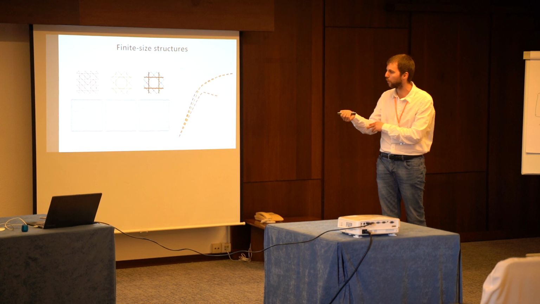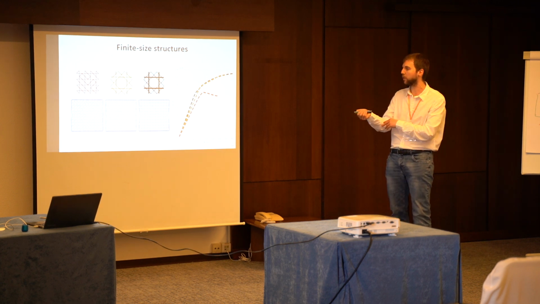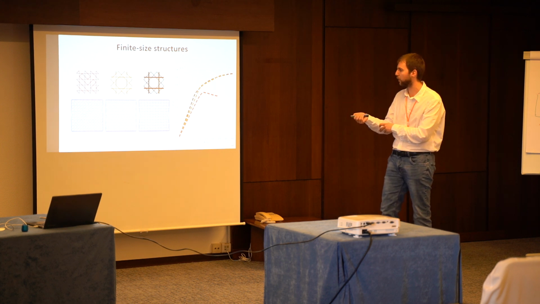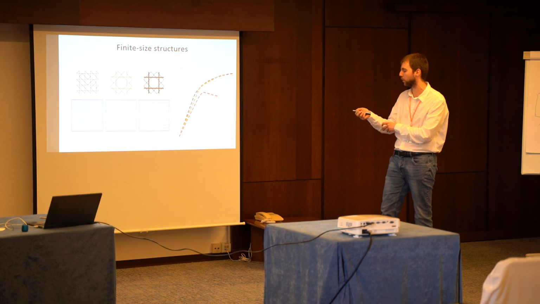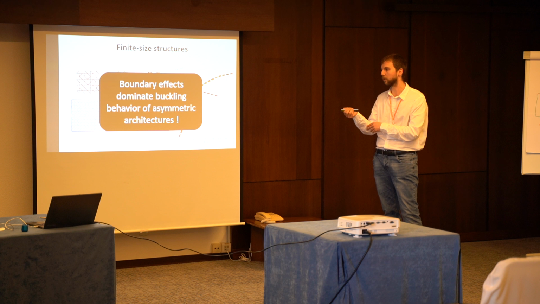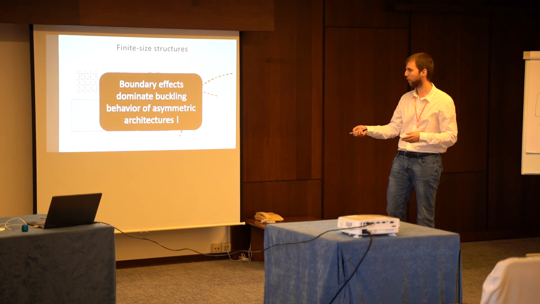For our geometry, the buckling is triggered from the boundaries, while for the two sponge designs we have a more uniform deformed shape. This is reflected by the stress strain curve. Since our architecture is not symmetric, the boundary effects dominate buckling in this case.